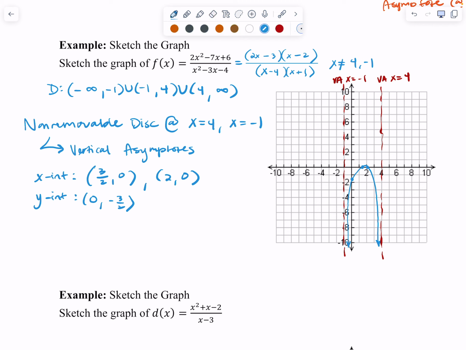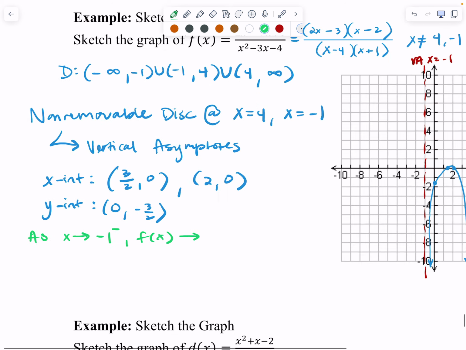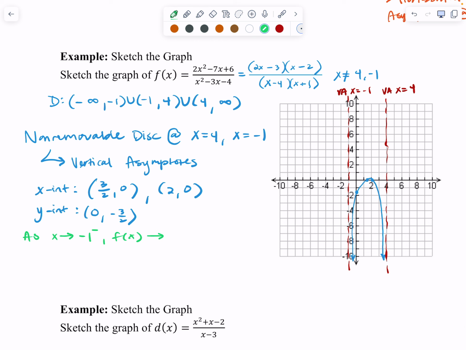We could think about test values to figure out what's happening to the left of x equals negative 1. So if we're thinking about as x approaches negative 1 from the left, what f of x is approaching, we could use like negative 1.01 or something. And you can just think about plugging in to the factored version.